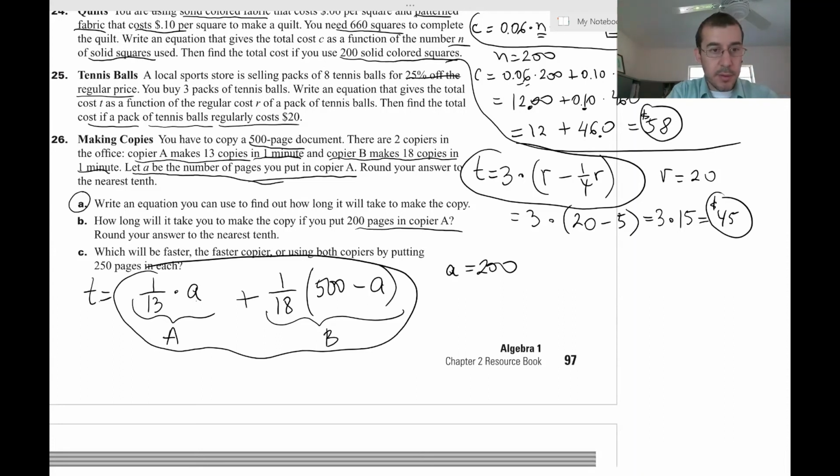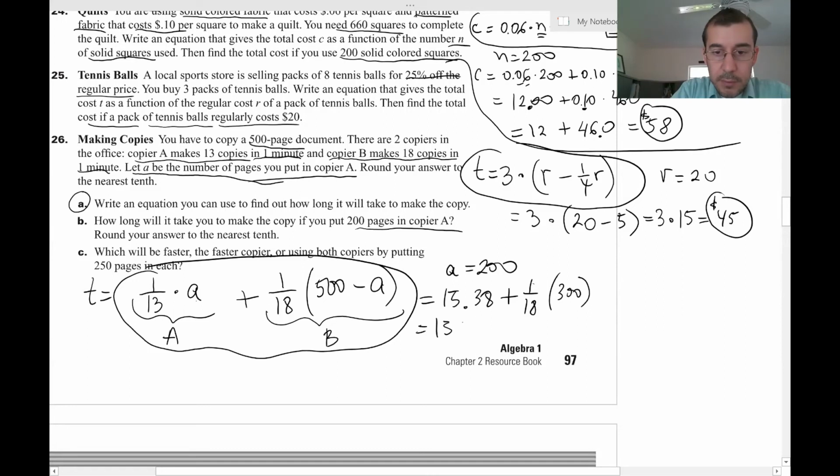200 divided by 13, that's 15.38, and then plus, this is 1 over 18, 500 minus 200, that's 300.